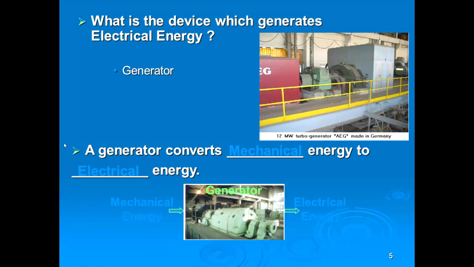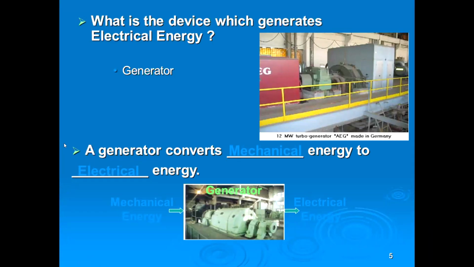Am I clear? Okay, so to generate power we require a conductor and a magnetic field, with relative speed between them.